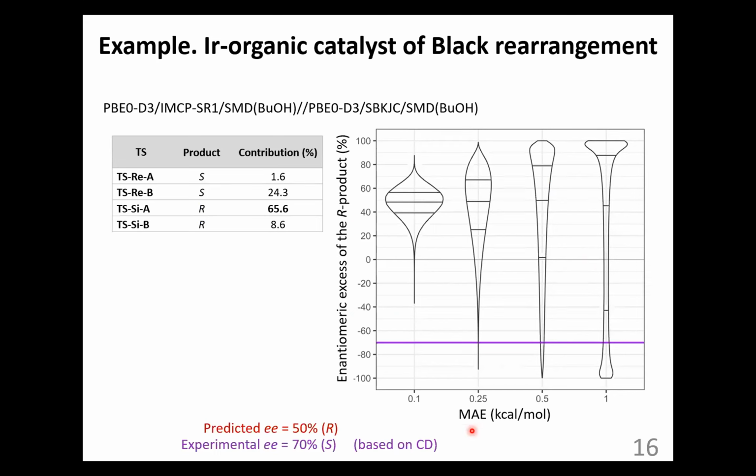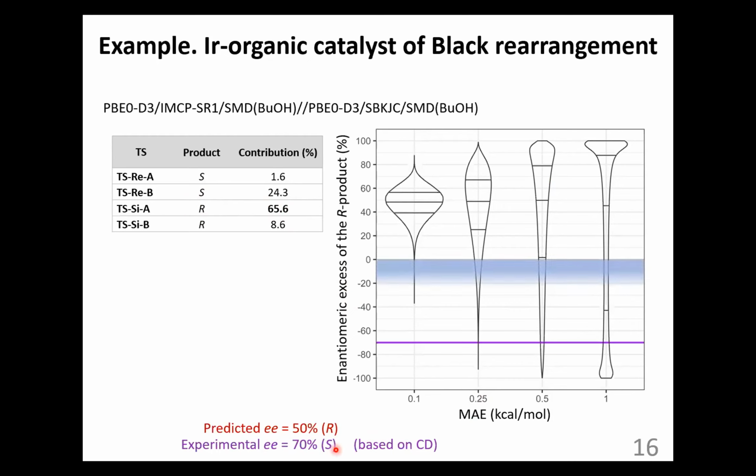And quite unexpectedly, we have found that the main product should have R configuration, while according to the experiment, to circular dichroism, the main product should have S configuration.